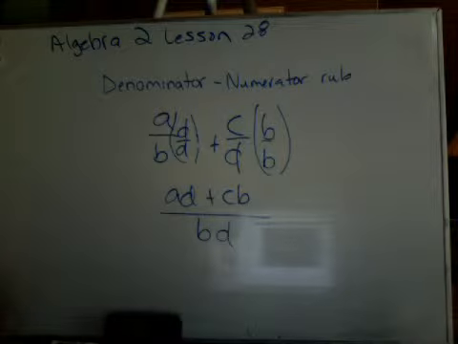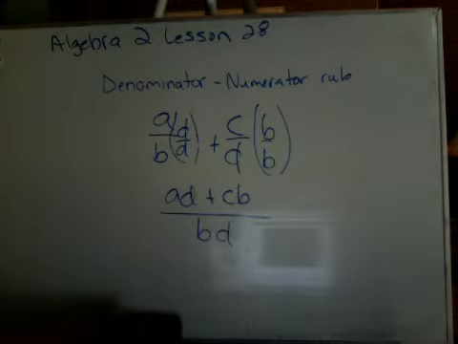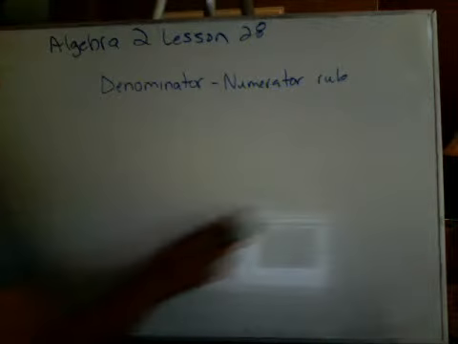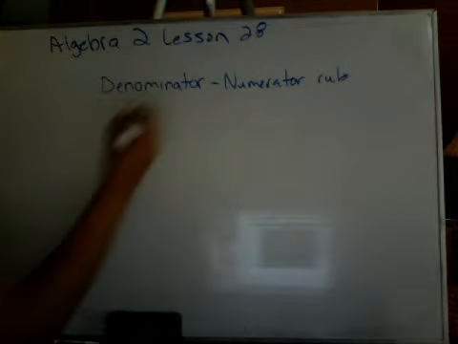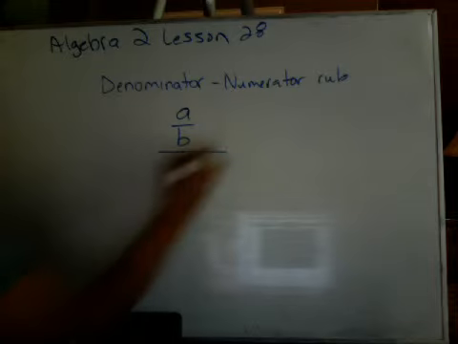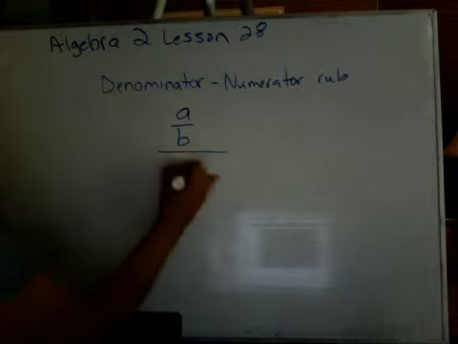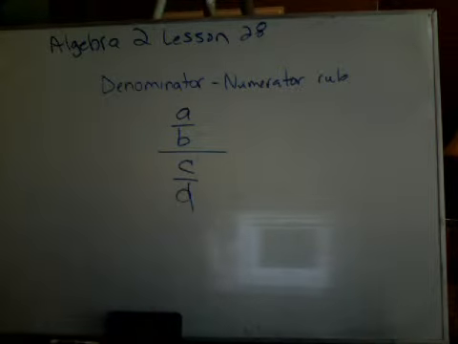All right. We also use the denominator rule to help simplify fractions of a fraction. So let's look at this one. A over B divided by C over D. We learned if we multiply the numerator and denominator by the same thing, it's still 1.